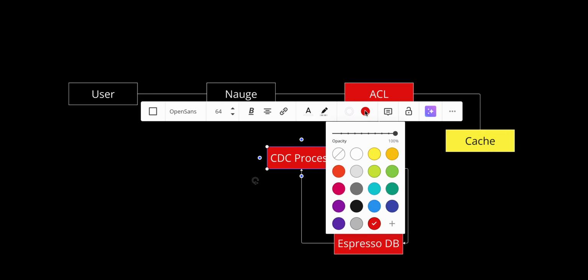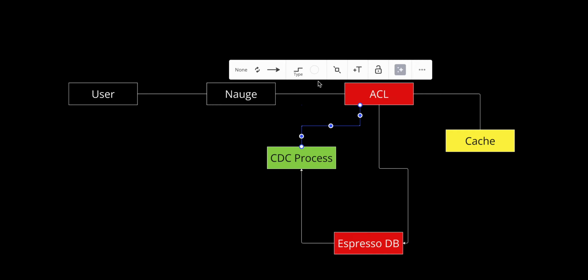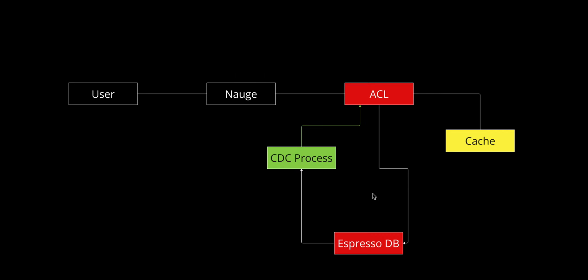Let's give it a different color, a greenish color. And this one will send the request back to the ACL, but I need to give this a different color so it's easier for us to detect what's going on.